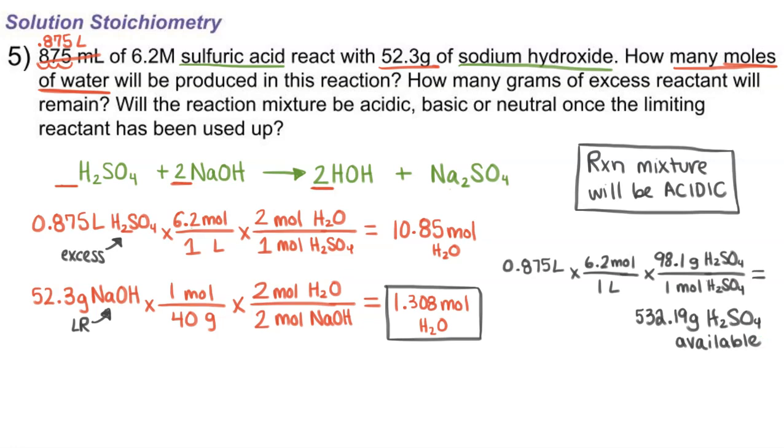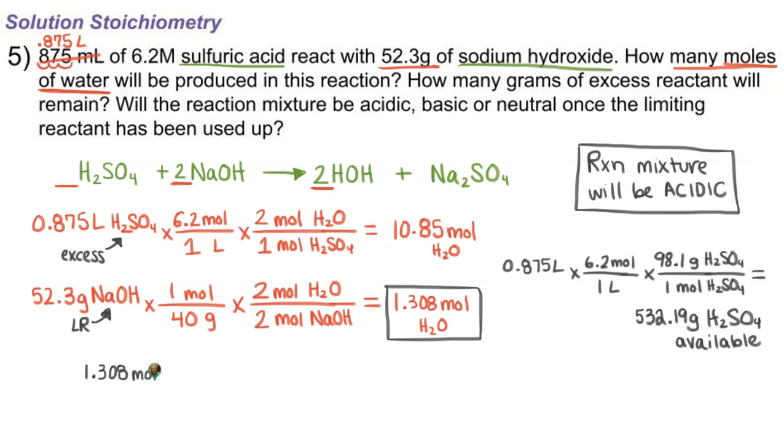So I will come down to the bottom of the page, and I'm going to use my limiting reactant, my theoretical yield, the 1.308. And I could also start with my amount of my limiting reactant, or the mass that's stoichiometrically equivalent to it.